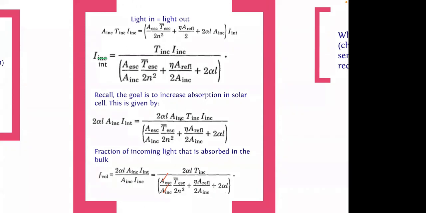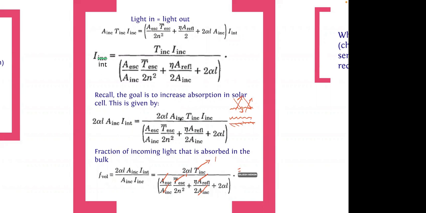Keep in mind, I have a textured surface here, and I have some sort of mirror at the bottom, so the area that light can come in and escape is roughly the same. I can also say the area of reflection is roughly equal to the area of incidence, so I can ignore those. And then I'm also going to say this is approximately 1, and this is approximately 1.